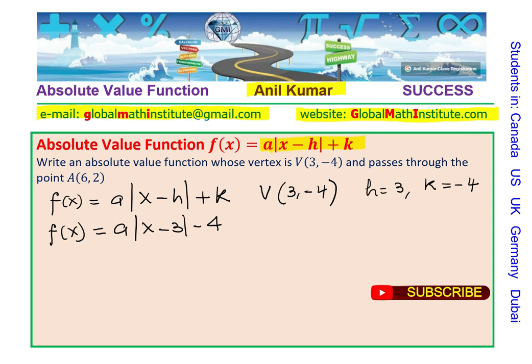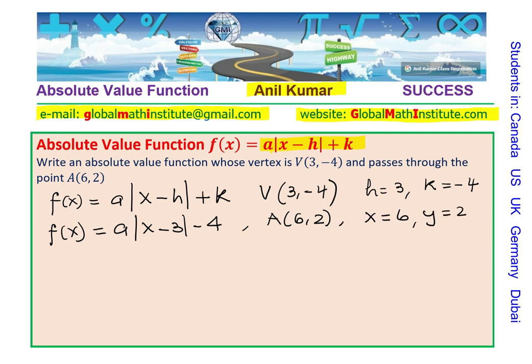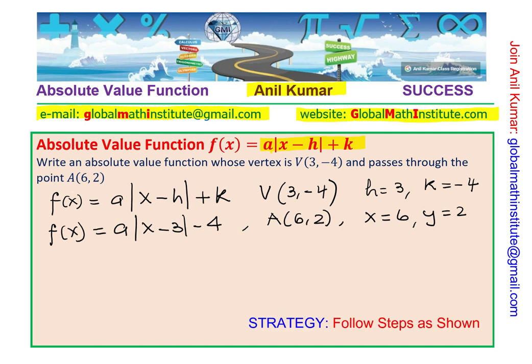Now to find the value of a, we'll utilize the point given to us, which in this case is 6, 2. So the x value is 6 and the y value is 2. Substitute. y means f of x, right? So at 6, the value is 2. So we get 2 equals a times absolute value of 6 minus 3, minus 4.